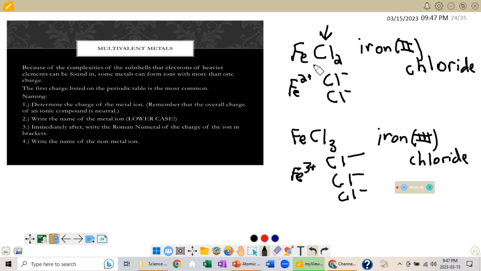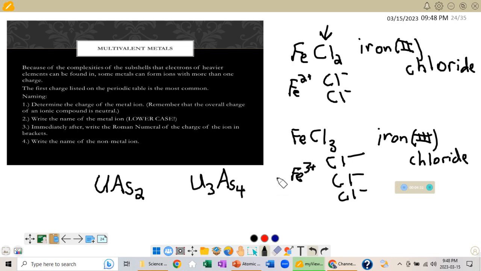Now, I could have something that's a little bit harder than this, right? I could have something like U1As2 or U3As4.